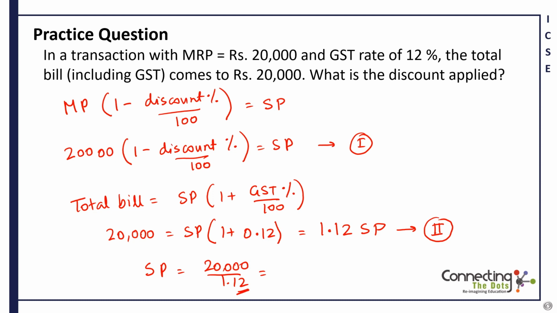So 20,000 divided by 1.12, which is the selling price, becomes equal to the left hand side of this equation. So let's use that. Remember, the first equation was 20,000 into 1 minus discount rate by 100 is equal to selling price.